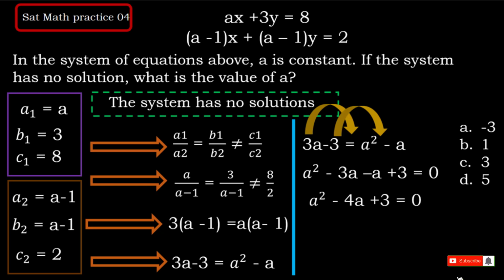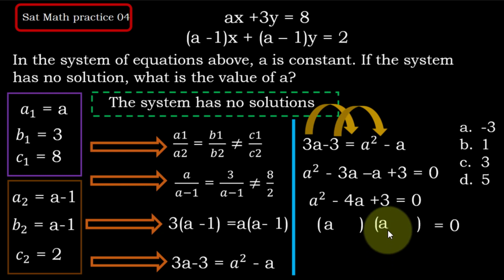We can solve this equation by factoring. A squared will be a times a. We are looking for two numbers whose product is 3 and whose sum is 4. The two numbers are 1 and 3, or 3 and 1.